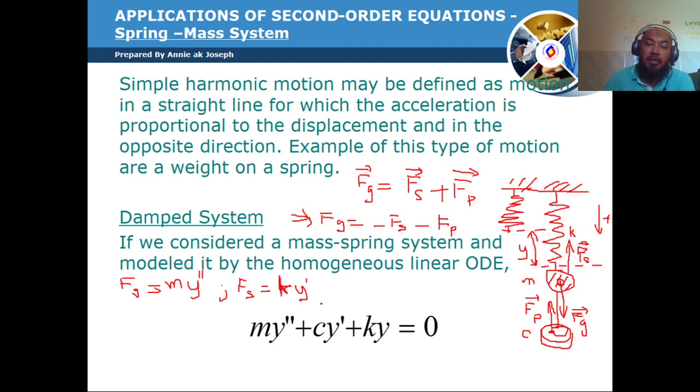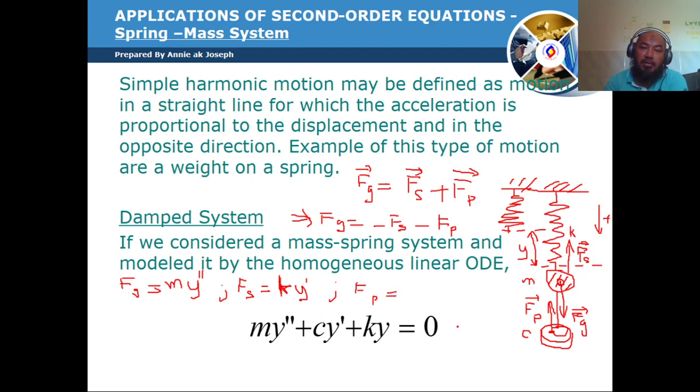K multiplied by y, and then we have Fp, which is the damping.